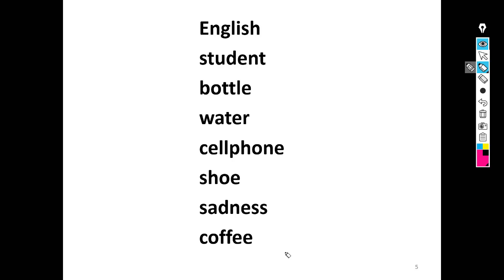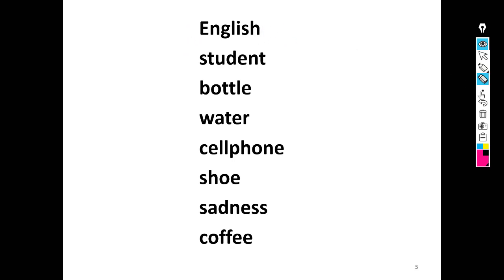English. English is a noun, right? Yes, of course, it's a noun. Can we count English? Can I say I have a English? No, I can't. Or can I say I have Englishes? No, it's not correct.